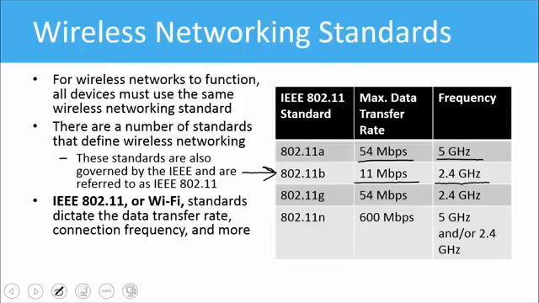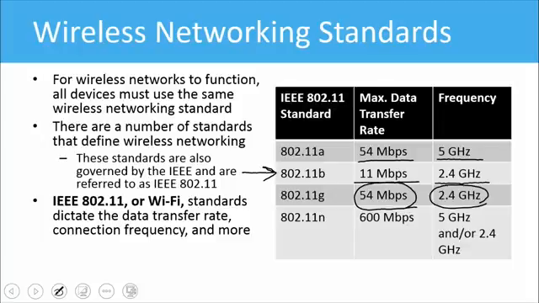And so I like to think of G as sort of being a child of A and B. So if we go back to the screen here, you'll see I always think of G as inheriting 54 megabits per second from A, whereas it inherits 2.4 from B. So while B is slow and low, A is fast and high, and so G is fast and low. If A and B were parents, they would pass along those traits to G.